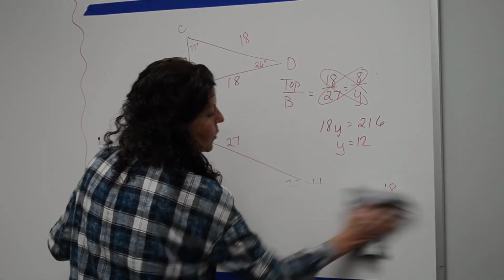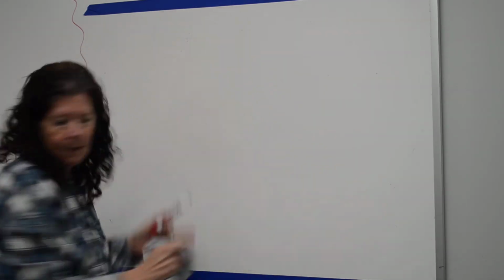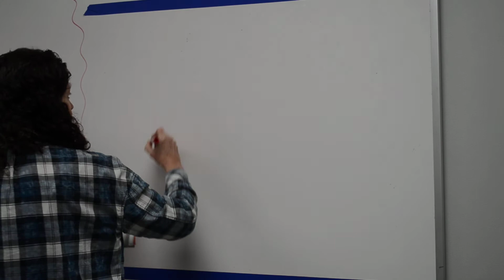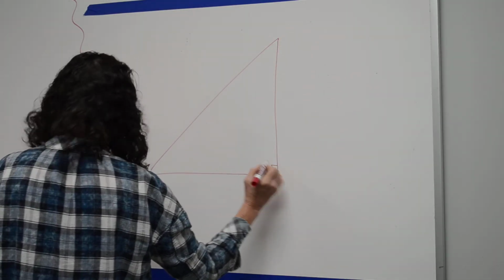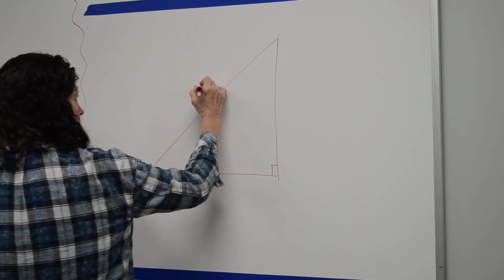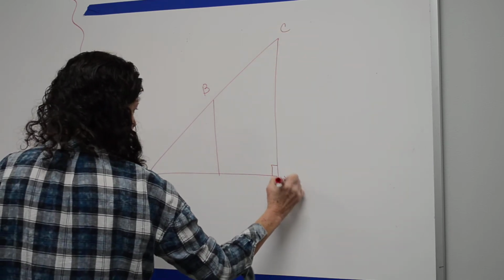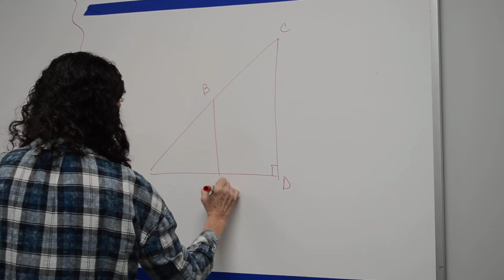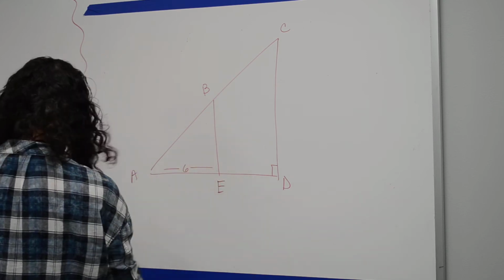Sometimes you have triangles within a triangle, and that might look like this. And I know the distance here is 6.